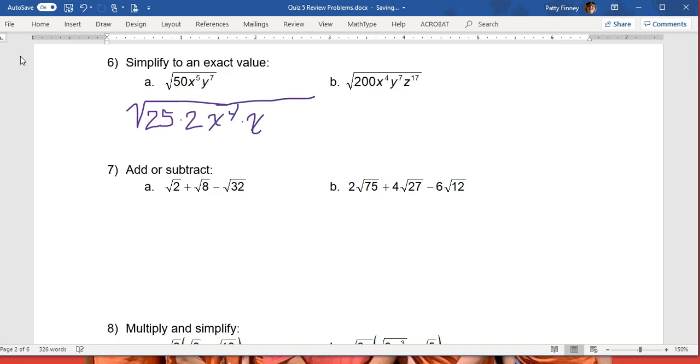And the square root of y to the 7th is y to the 6th times y. So when I take my square roots, the square root of 25 is 5. The square root of x to the 4th is x squared. The square root of y to the 6th is y cubed. And then we have the ugly leftover in the square roots.